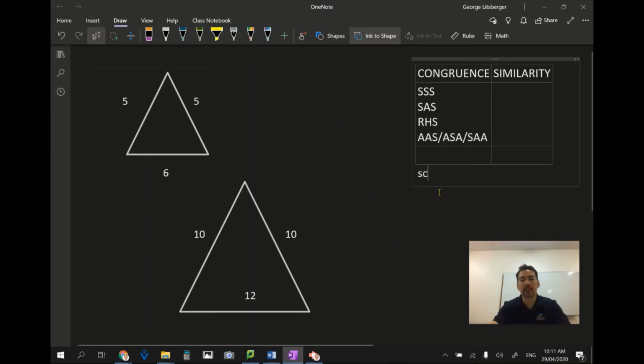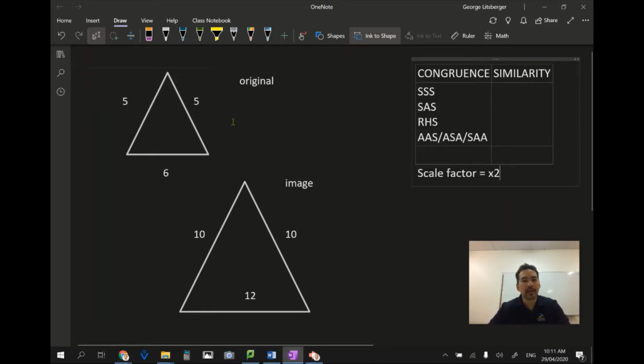That's another really important term you need to know. Scale factor. In other words, how many times bigger is the image? Remember, we call this the original, and this one is called the image. How many times bigger is the image? Hopefully you can all see that it's a factor of 2. Okay, so 2 times bigger.